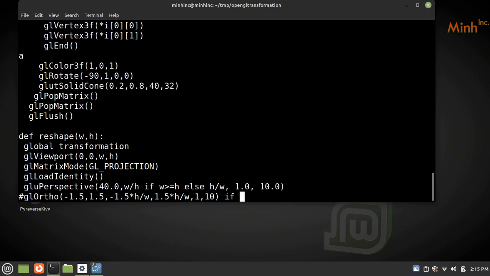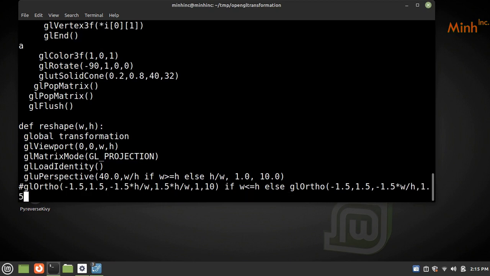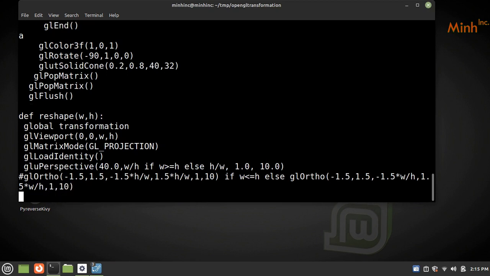If width is less than or equal to height, else glOrtho minus 1.5, minus 1.5 into width by height, 1.5 into width by height, 1 to 10.